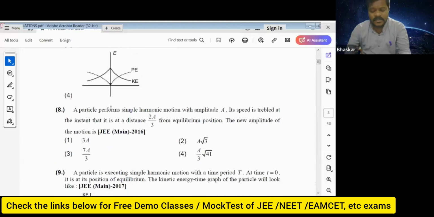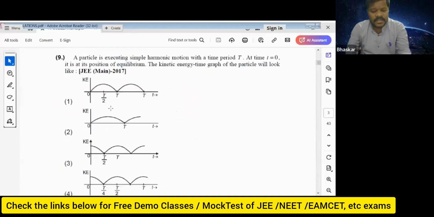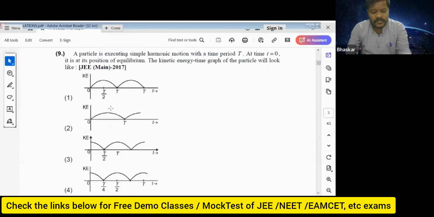So here you should say that at time t equals 0, it is the position of equilibrium. That means the body, first of all, is at the equilibrium. If the body is at the equilibrium, then the body starts in motion, right?